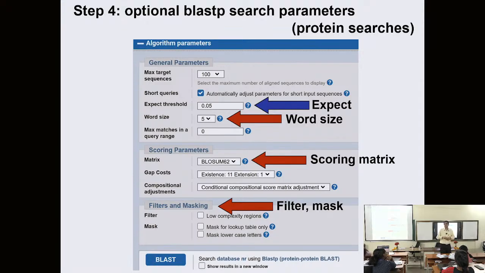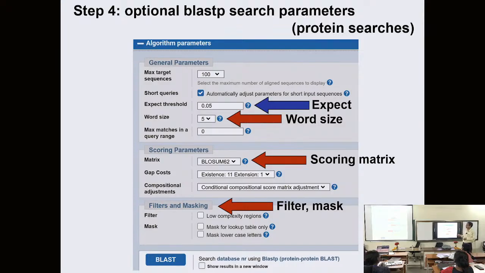But if they are really quite distant, then you would want to use matrices like PAM250, or BLOSUM45, or lower number BLOSUM, right? So you will get some options here. When you just scroll down this, you will see the options.